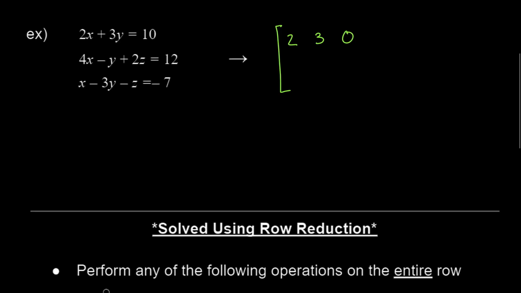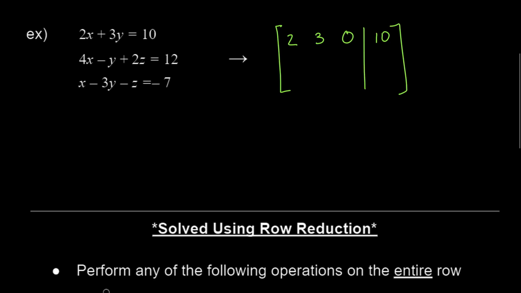In the first equation, there are no z's, so you put a placeholder of 0. That's very important. And then you're going to put a vertical line. And what is that equation equal to? 10. So you put 10 over there. No equals.